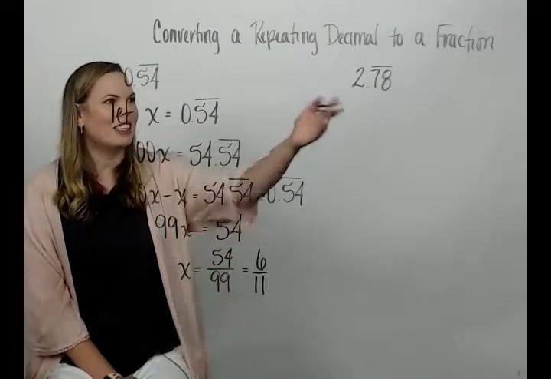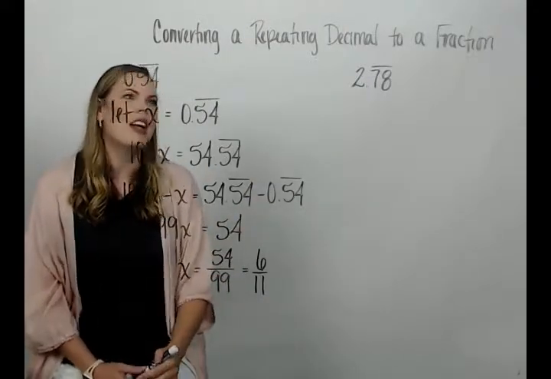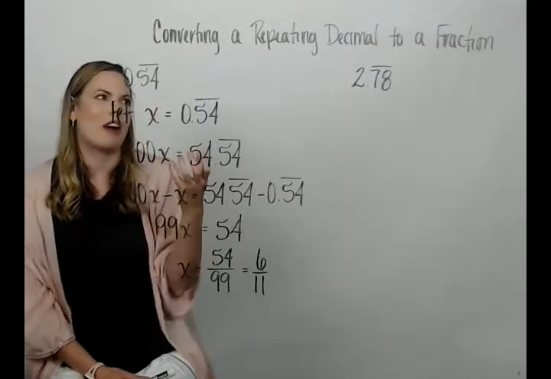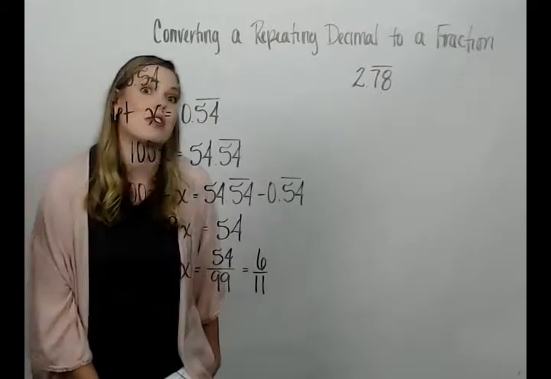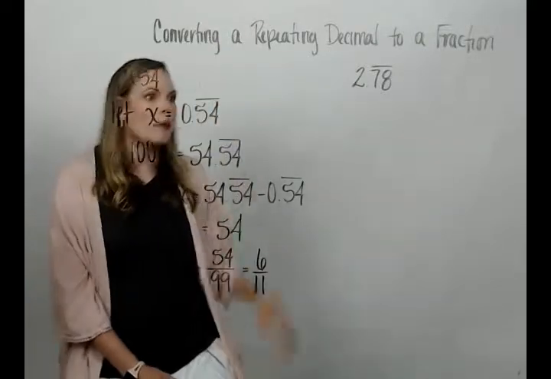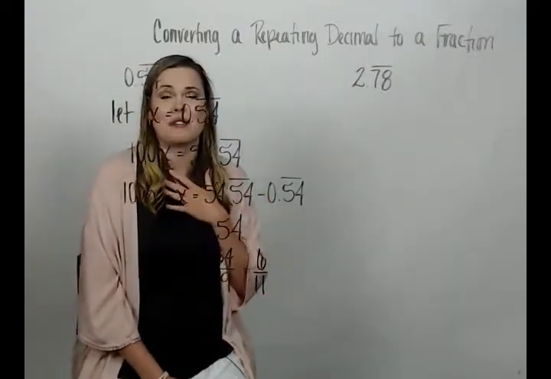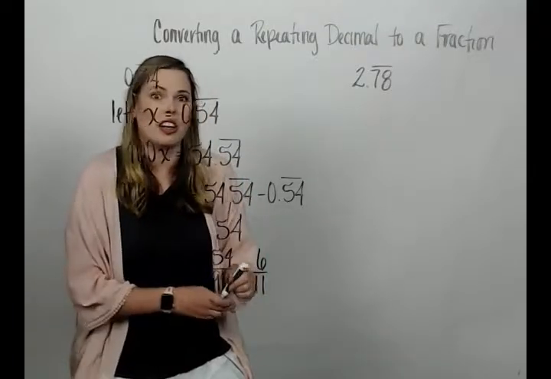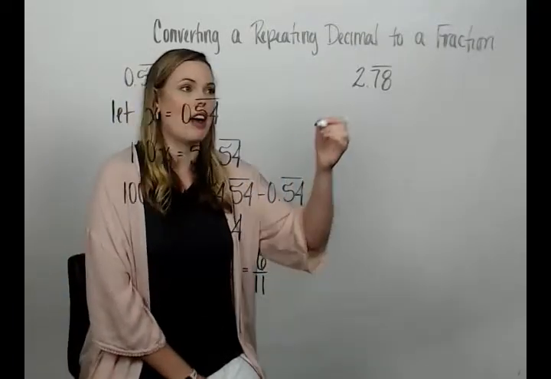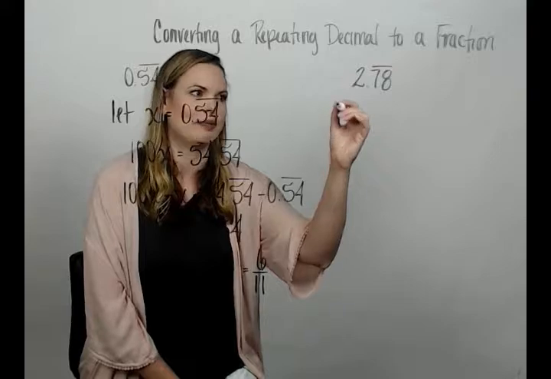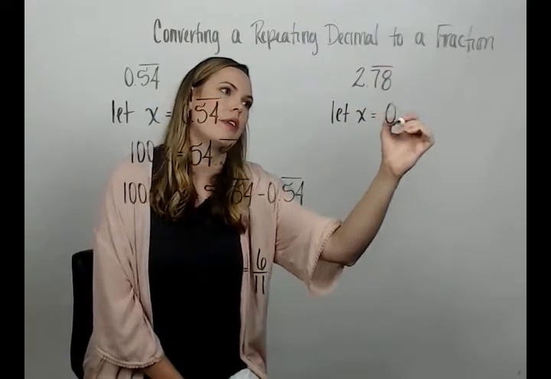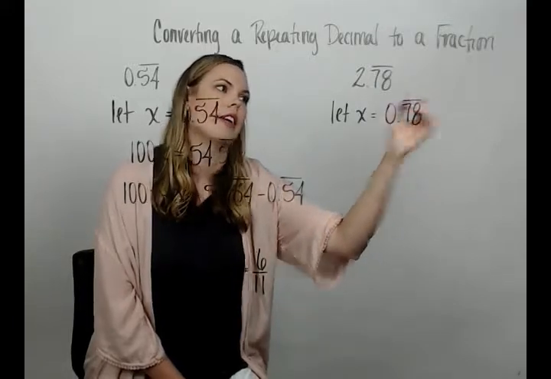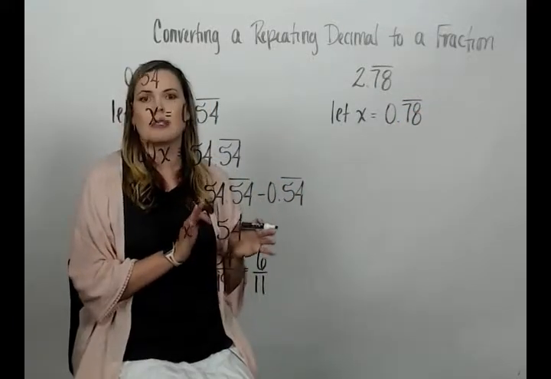Okay. All right, let's come over here with something similar in that the same kind of part is repeating. We have the 7, 8 repeating, so 2 digits. But we have a whole number. Now I'm going to handle this very much like I just handled the other. I'm going to drop the 2. I'm going to let x equal 0.78 repeating, and go through the same exact steps.